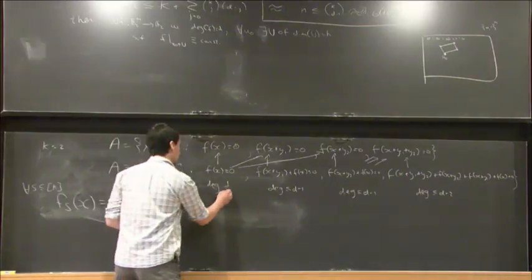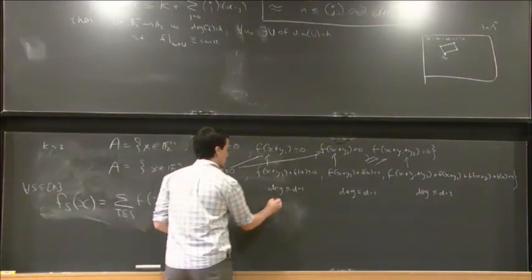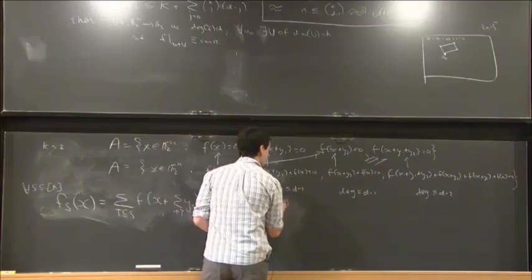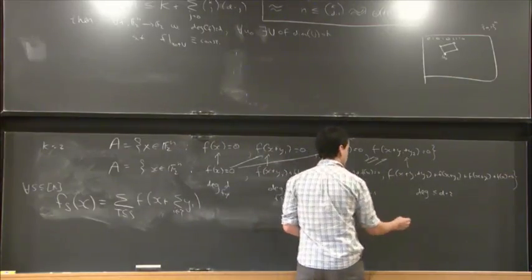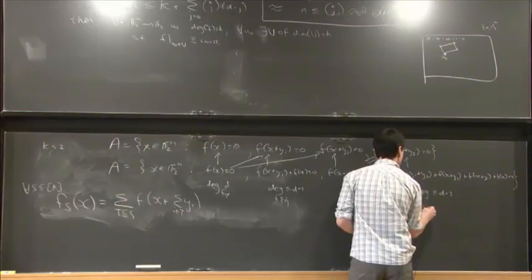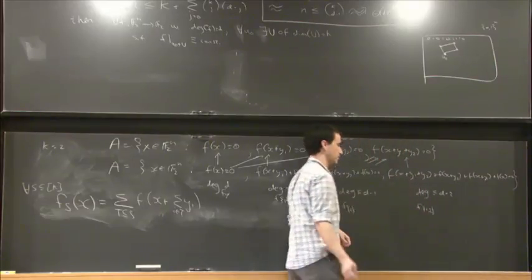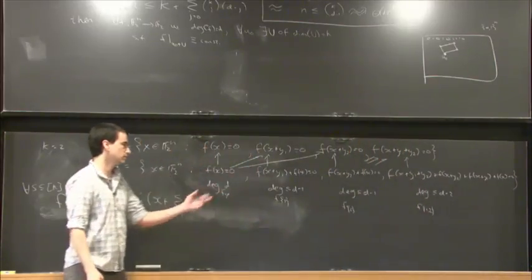This will be f of the empty set, this will be f of the singleton 1, this will be f of singleton 2, and this will be f of this set.